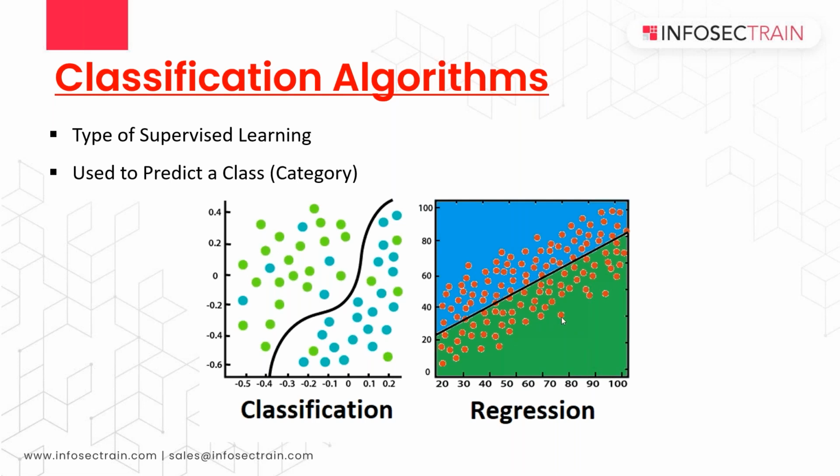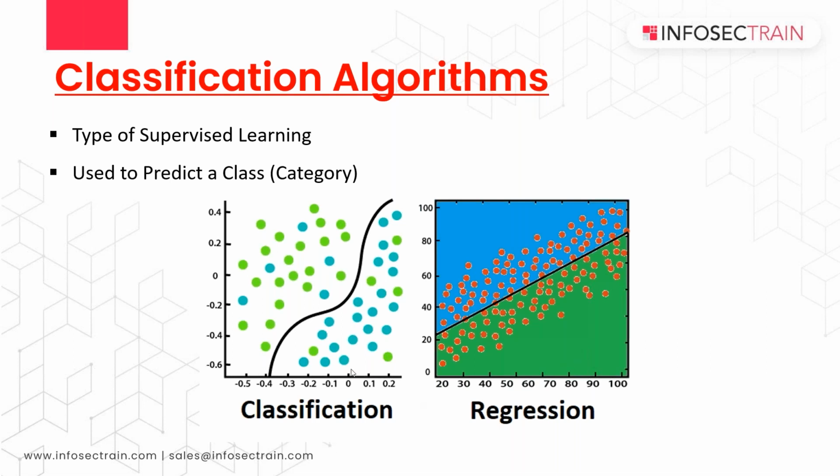Let's say we have the sales data till the month of March and we want to predict the sales of the upcoming month, which is April. So by using previous months, we try to build a model which can predict the sales of the upcoming month. That we saw in regression.